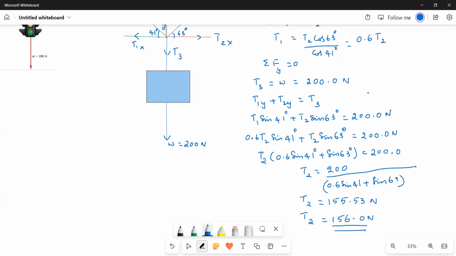And T1 is equal to 0.6 T2. Therefore, T1 is equal to 0.6 times 156. Therefore, T1 is equal to 93.6 newtons, or T1 is equal to 94 newtons.